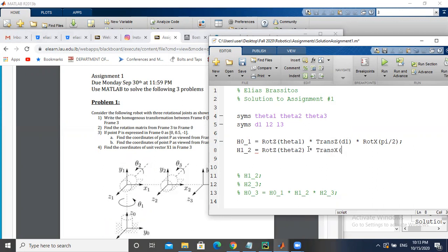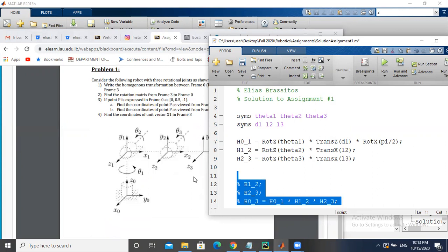Along X by L2. And similarly, H23 is equal to rotation about Z by theta 3 and then you translate about X by L3, right?